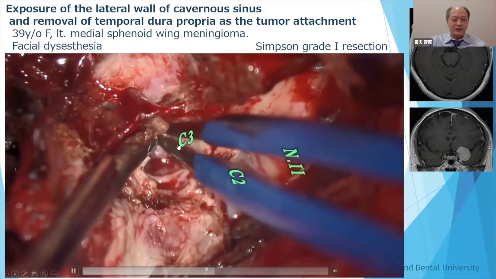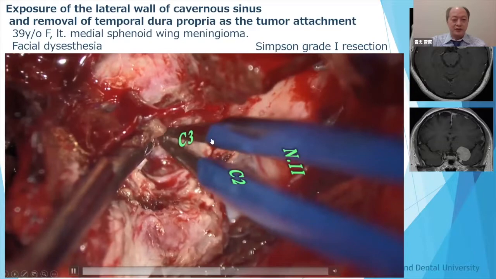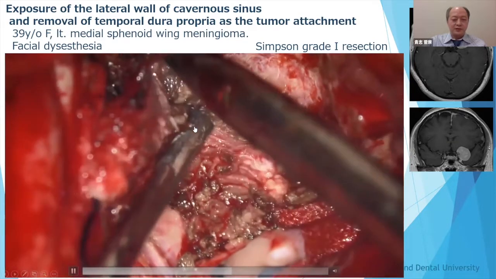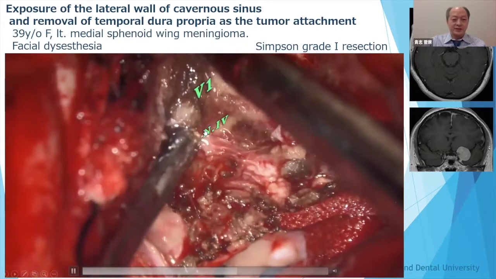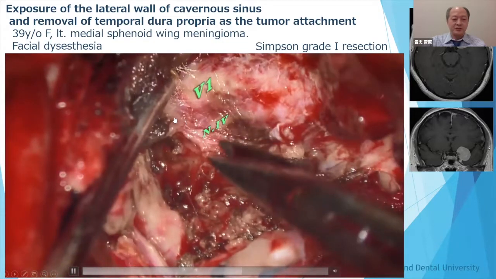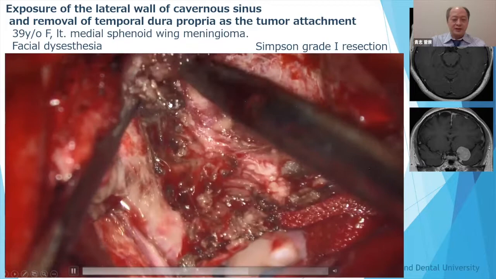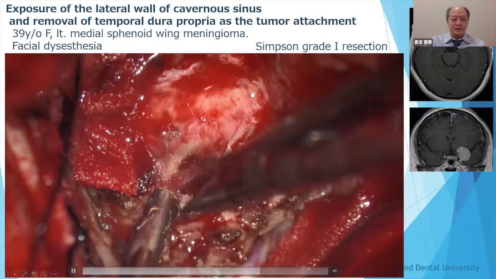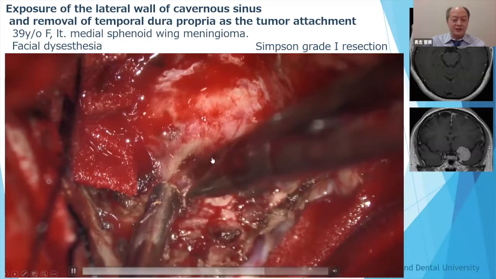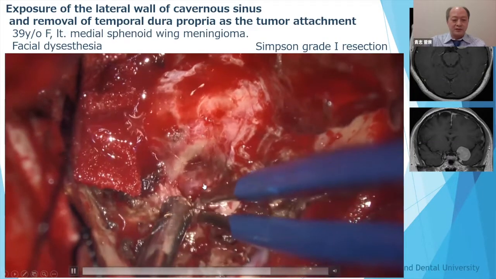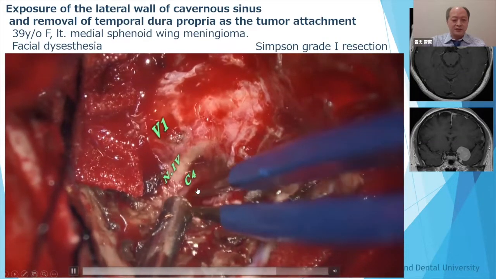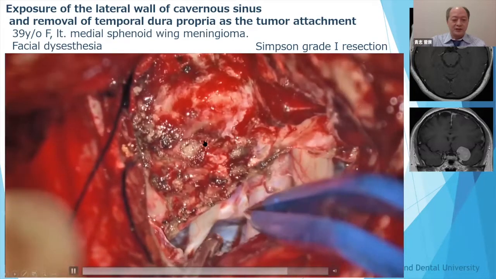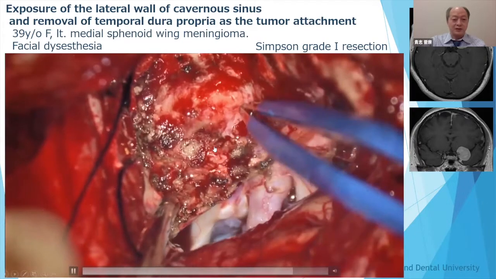And then go back to the outside of the dura and remove the temporal dura propria as the attachment of the meningioma. Then by removing this attachment, we can achieve Simpson grade 1 resection. We open the cavernous sinus with the C4, but fortunately the tumor didn't invade the cavernous sinus.